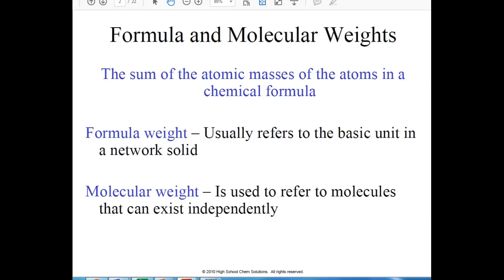Okay, the first thing is what is known as the formula or the molecular weight. Now these two are the same, they just have different vocabulary depending on what we're talking about. So formula weight usually refers to a network solid. So that could be a covalent network or an ionic compound.